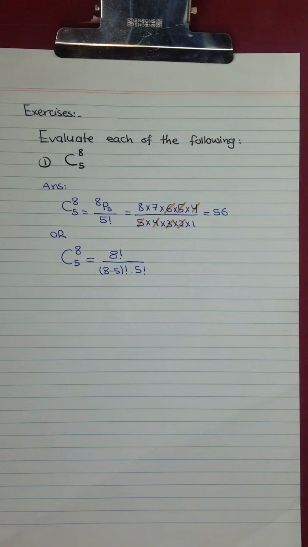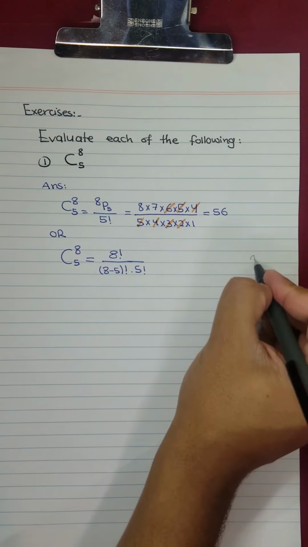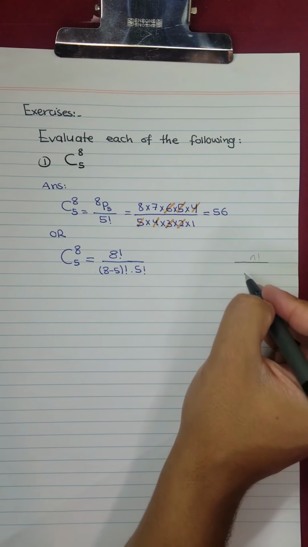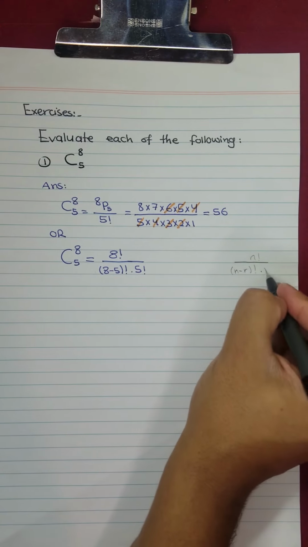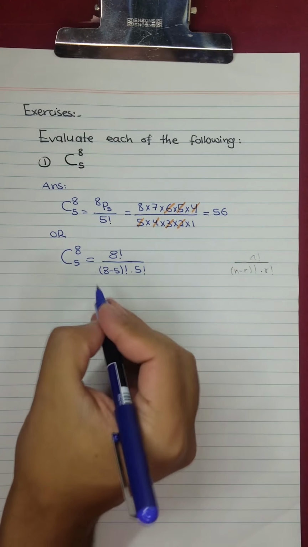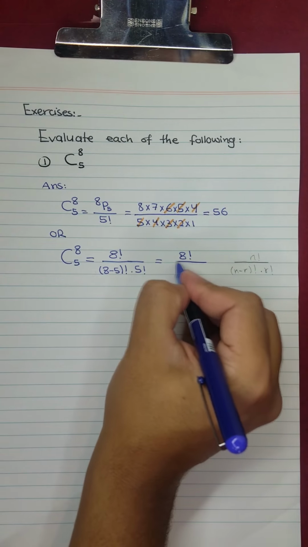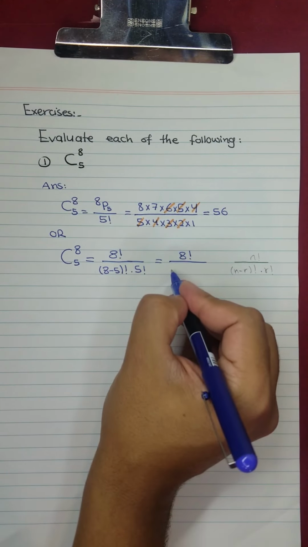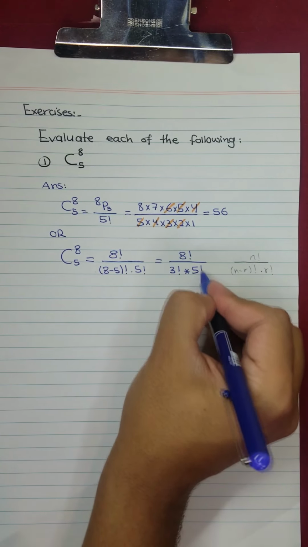Just to remind you, the formula was n factorial over n minus r factorial multiplied by r factorial. So we're using this formula, which is the relationship between combination and factorial, to solve this one. So it is 8 factorial over 8 minus 5, which is 3 factorial, multiplied by 5 factorial.